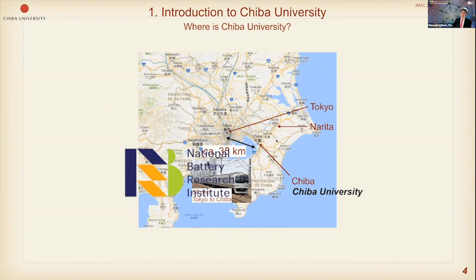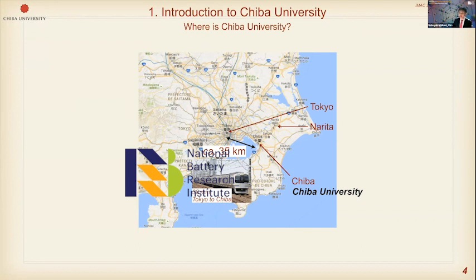If you come to Japan, almost all the airplanes, the largest one is Narita Airport. Narita Airport is not in Tokyo, but in Chiba. So if you come to Japan at Narita Airport and want to go to Tokyo or somewhere in Japan, first, do not take a bus. Please take a train.